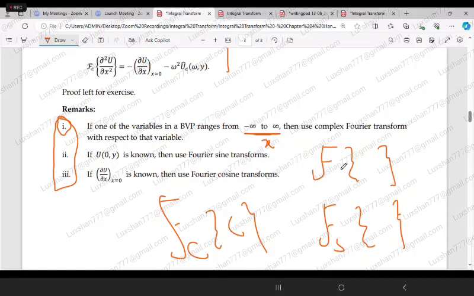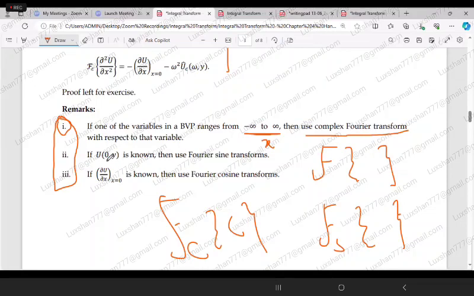There are three things: the Fourier complex transform, the Fourier sine transform, and the Fourier cosine transform. Depending on the question, you have to choose one. Here is the criteria. If the x variable is minus infinity to plus infinity, then you use the Fourier complex transform.